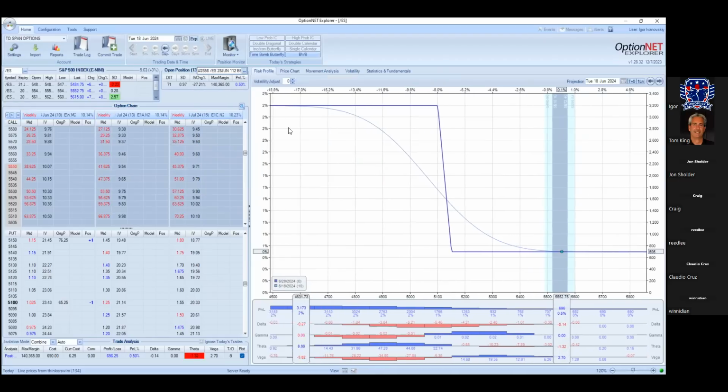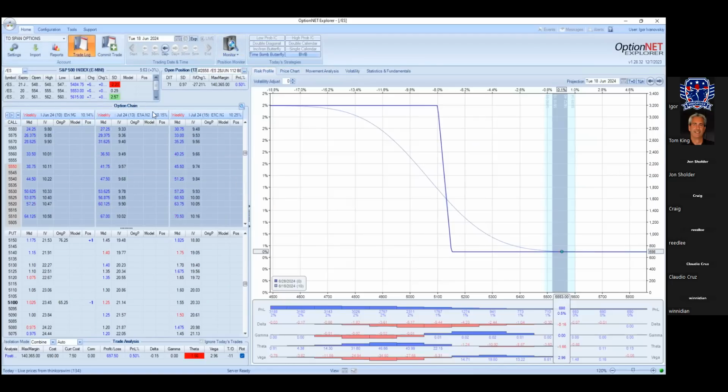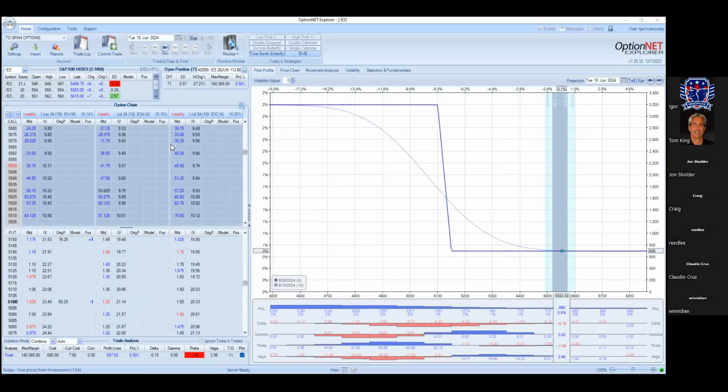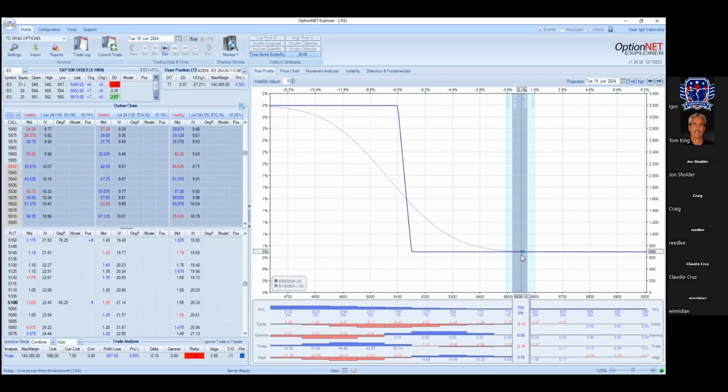You can see that I started this trade back on April 8th, and then I removed the naked puts on June 11th. The naked puts were at 44.50 and they've lost over 95%. So I closed them out and I'm left with a position that looks something like this, right?